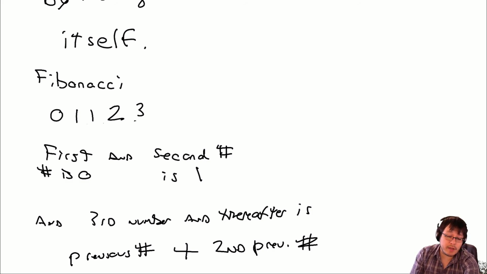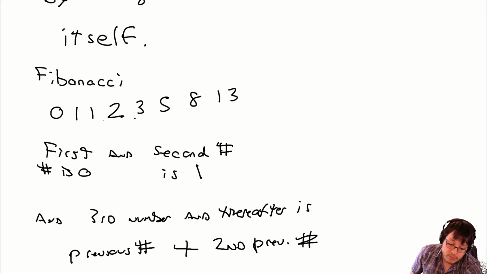So 2 plus 3 is 5. And then 8. And then 13. And then, sorry, 21. What is 8 plus 13? 21. And then 13 plus 21 is going to be 34, and so on. Okay?